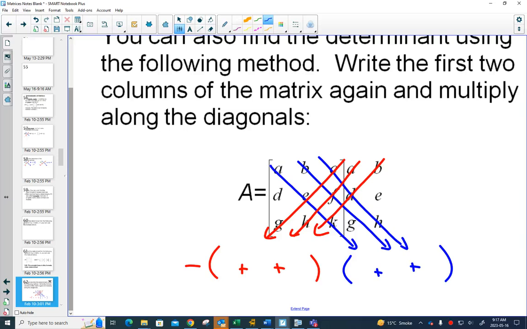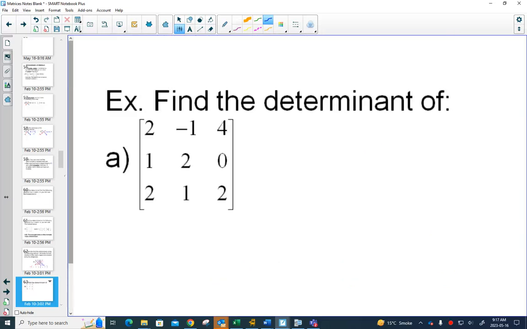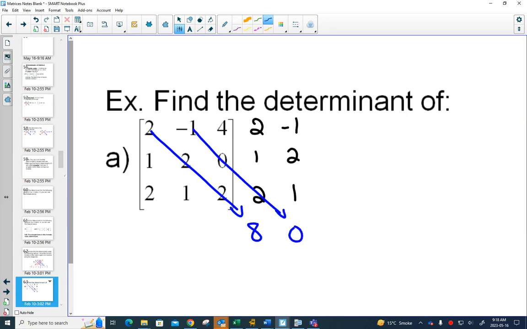So this is what it's going to look like if we solve one like this. I'm going to take the first two columns and rewrite them: 2, 1, 2, negative 1, 2, 1. I've got this diagonal, 2 times 2 times 2 is 8. This diagonal, 0. And this diagonal, 4.